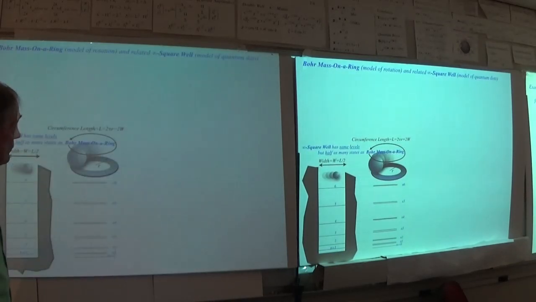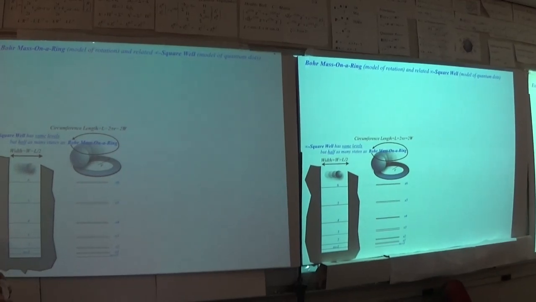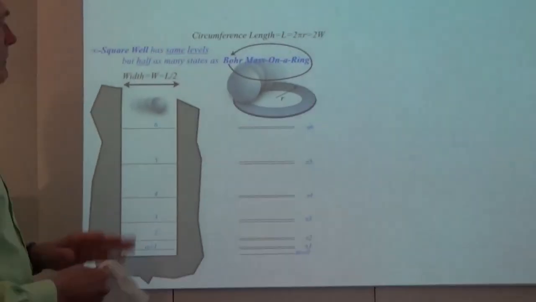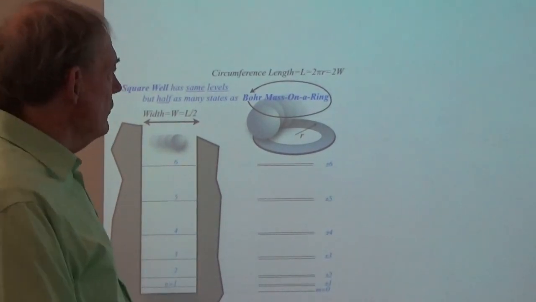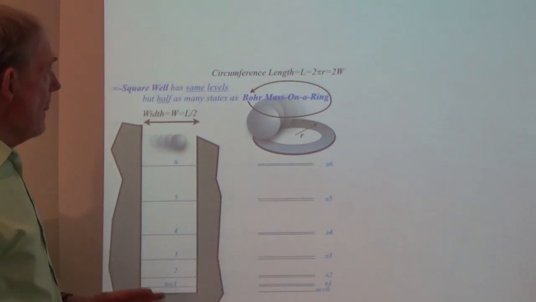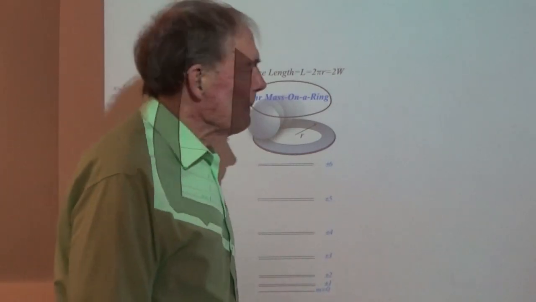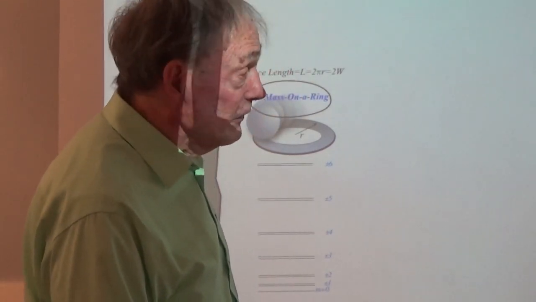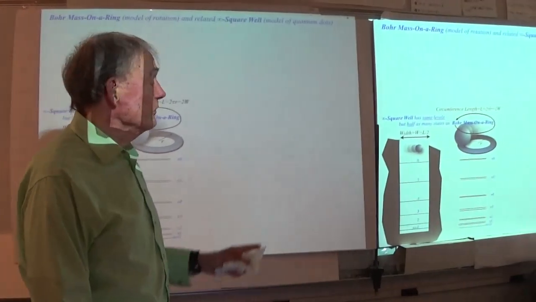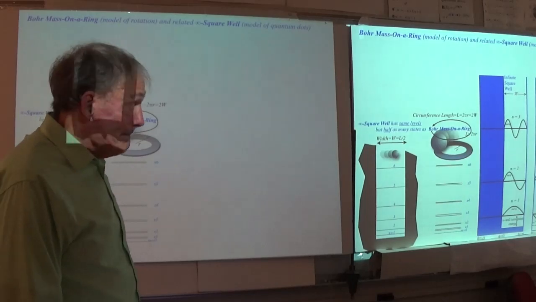Now here we're dealing with really one dimension, but it is something that moves in 2 dimensions. So it has some properties of something that actually takes up space. These other guys here, this one right here really is one-dimensional. I call it the infinite square well prison, and I'll say more about that in a minute. But the basic idea that I want to make clear is that these two, as far as what goes on in the little spaces between the ends of the diagrams there, are the same.